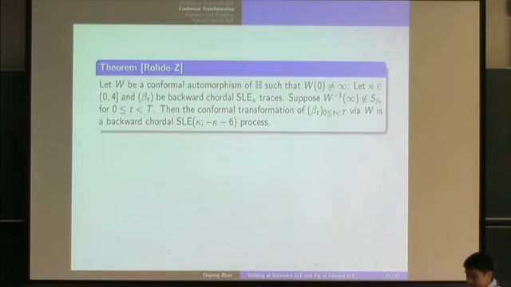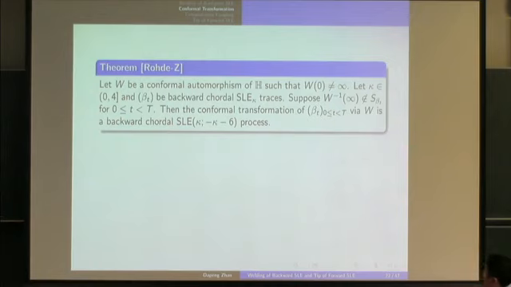Here's the theorem, which is not difficult. Let W be a conformal automorphism of H so that W(0) is not infinity. Let kappa be less than or equal to 4, and beta_t be backward chordal SLE kappa traces. Suppose that we assume W inverse of infinity is not contained in the supports.